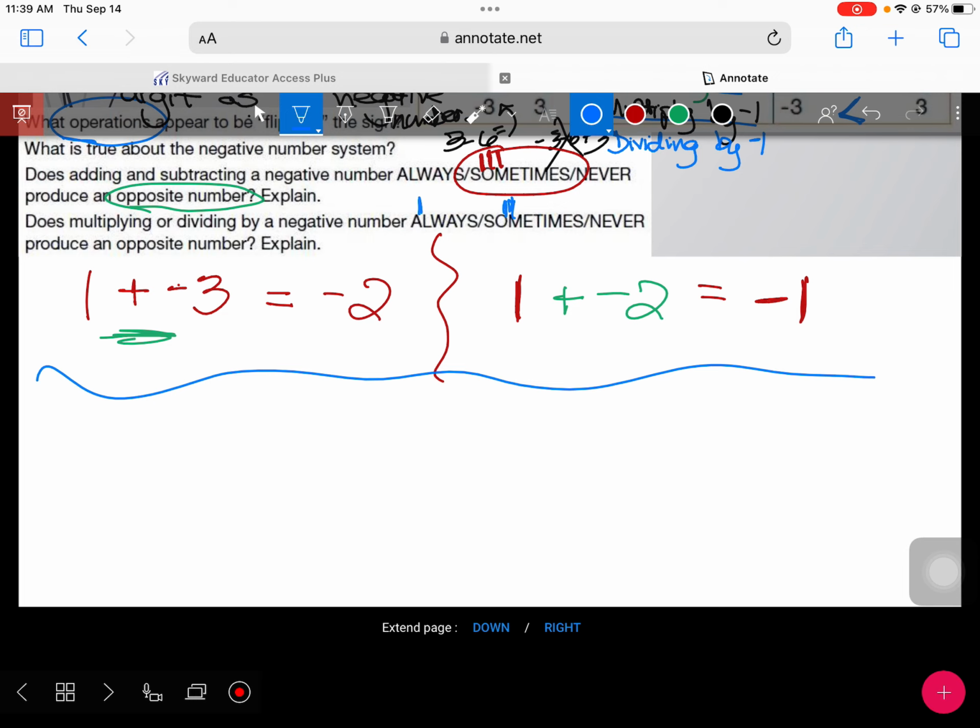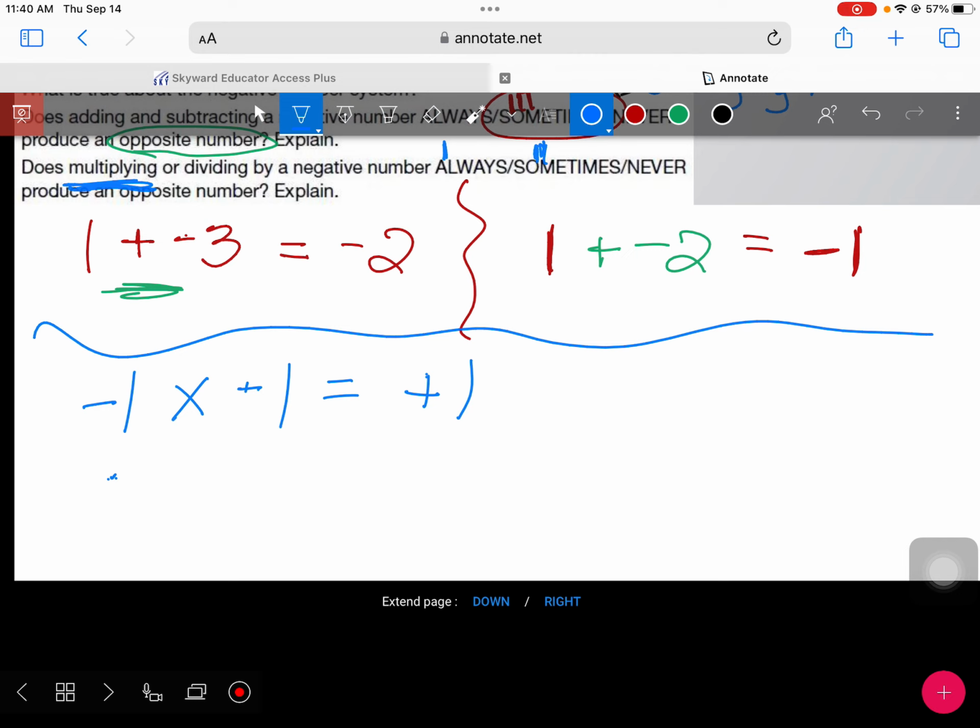Okay. -2 times -1 gives me a +2. Now, maybe I still think they don't really mean opposite number. I think they mean opposite sign. That's really what I think they mean. But if I have a positive times a negative, you're always going to get a negative. If you take a negative times a negative, you're always going to get a positive.